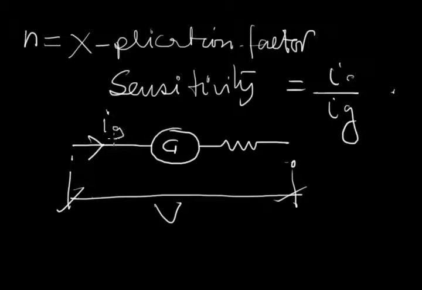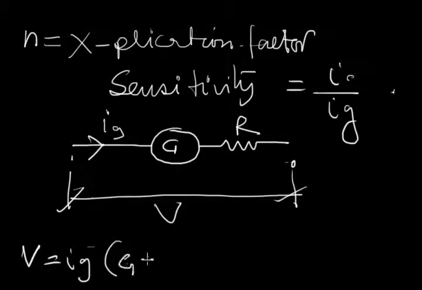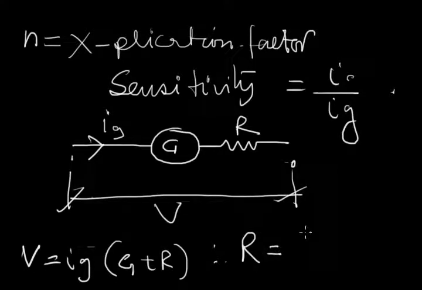The same current which flows through the galvanometer flows through the resistance R. So here we fundamentally apply Ohm's law, which is V is equal to Ig into G plus R, and from there we find R, the unknown resistance, which is required to be connected in series with the galvanometer to convert the galvanometer to a voltmeter. And the value of R, as you can see from here, is V by Ig minus G.